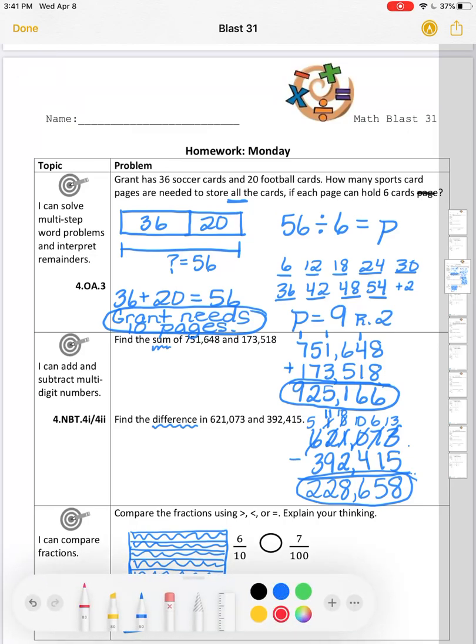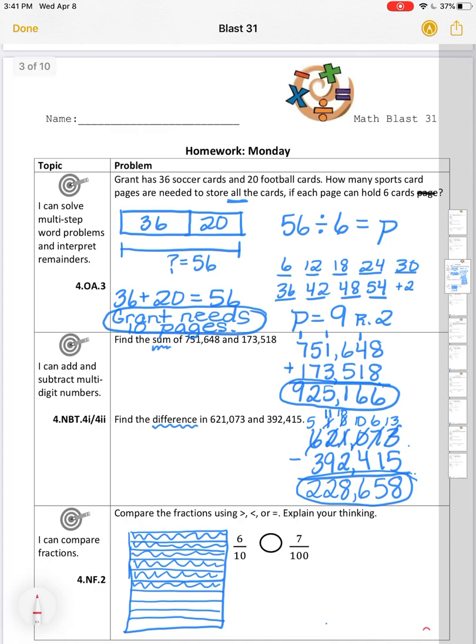Now I'm going to change those tenths into an equivalent fraction using units of hundredths. I'm going to take each tenth and decompose it into 10 parts.